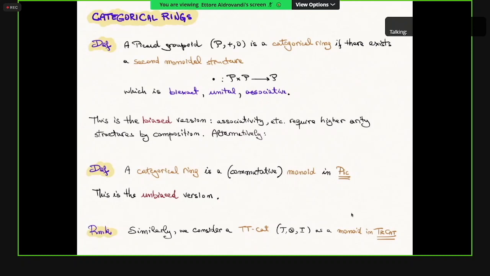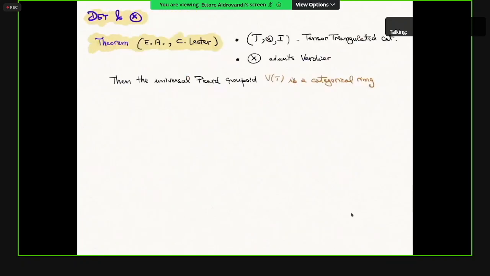There is also a parallel version, thinking in an unbiased fashion, for the triangulated category. So to get to the point, the theorem is the following: if you give me a tensor triangulated category in which the tensor product is Verdier, in the sense that I explained before, then the universal Picard groupoid is a categorical ring.